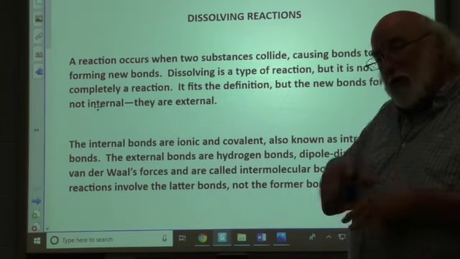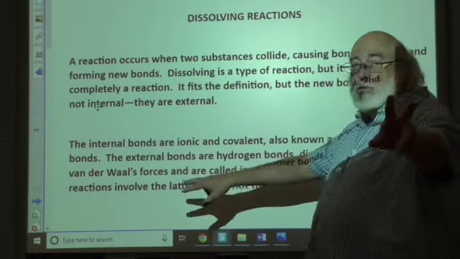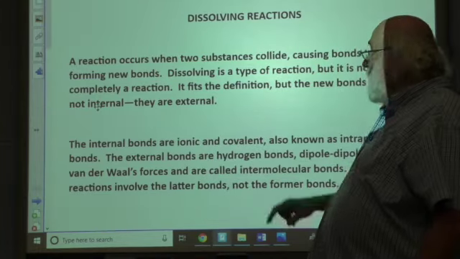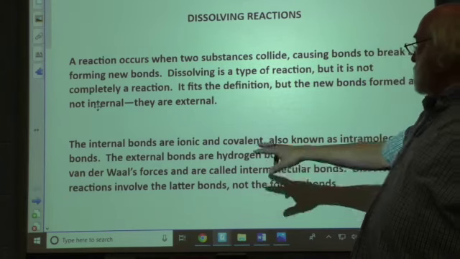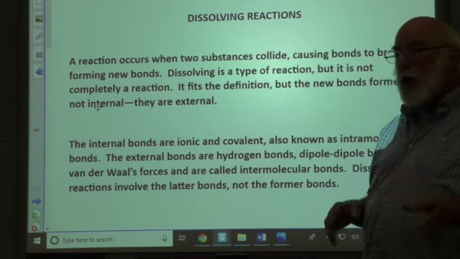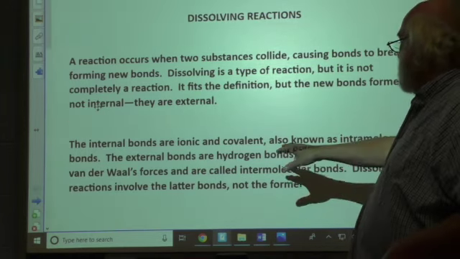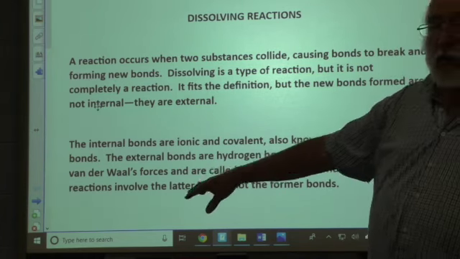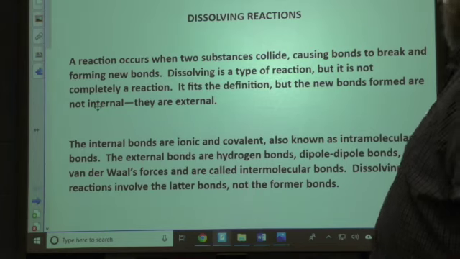Now, the internal bonds are what's taking place inside the molecule. There are two types of bonds. We talked about this before the pandemic hit as well. Ionic and covalent, also known as intramolecular bonds. The external bonds are hydrogen bonds, dipole bonds, and van der Waals forces, and they're called intermolecular bonds.